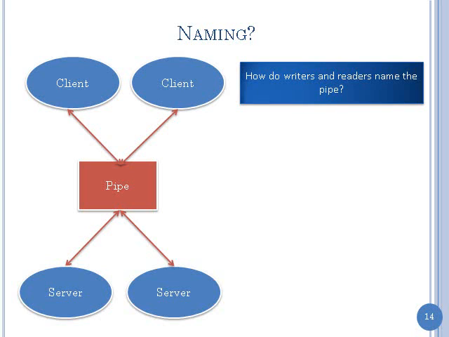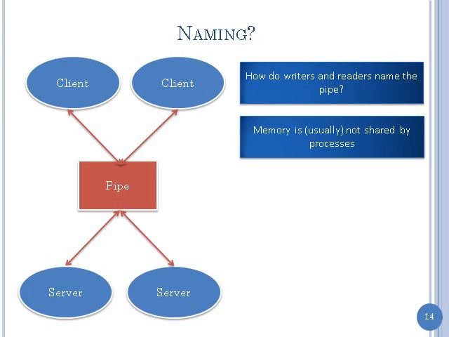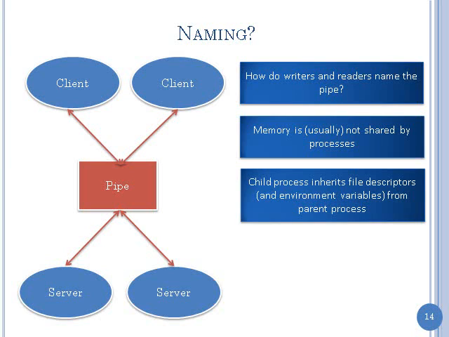Pipe typically is between 2 processes. And child inherits file descriptors and environment variables from parent process. Okay? Environment variables are like what you were talking about. That's a certain area in your address space to which the OS writes. Okay? And so that is what was allocated, and that's in user space, whereas the context block is something that's in the OS. Okay?